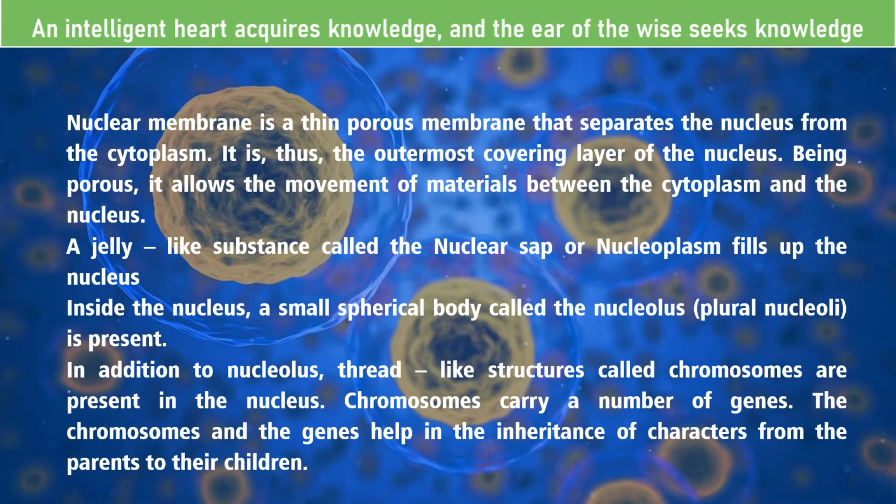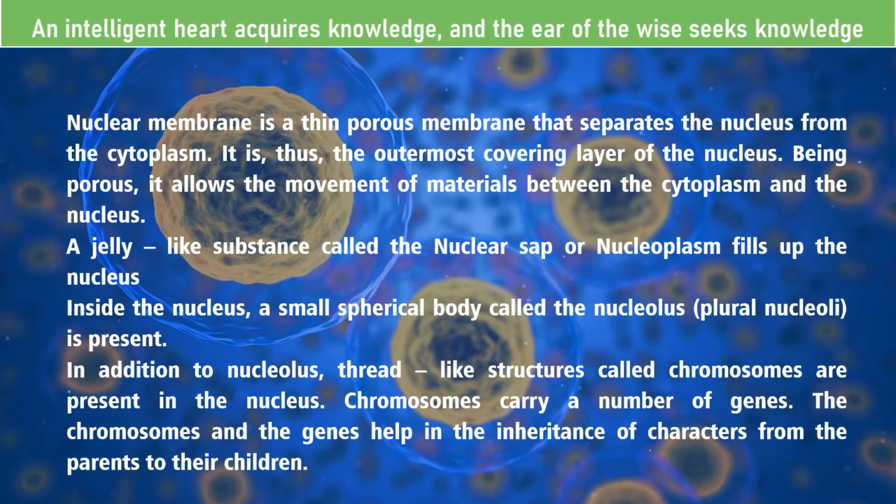So first is this function. Then second is, act as a control center for all the activities taking place in the cell. Whatsoever things are happening inside the cell, nucleus is having the control power. It is in control. Without the nucleus's presence, such kind of things cannot happen.